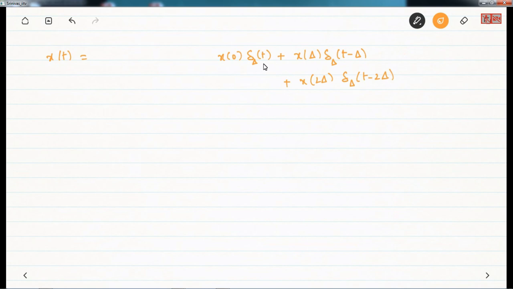I have this basic rectangular pulse, I am shifting it by delta units, and then the height of this impulse should be delta.